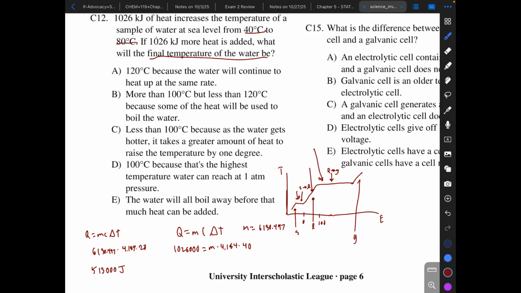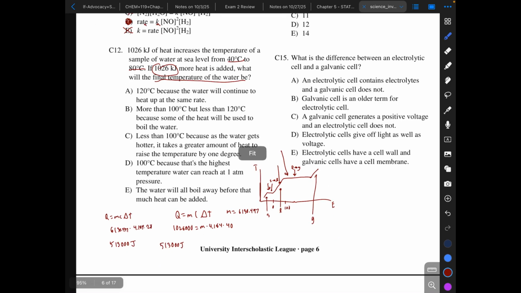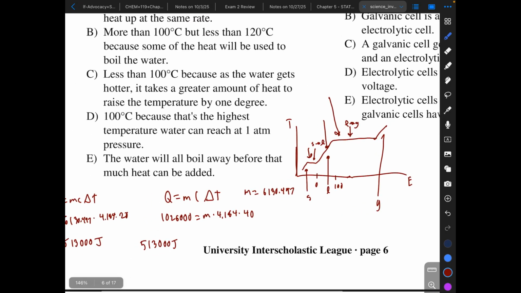So we have 1,026 kilojoules. Just subtracting them, okay, so that's exactly half the energy needed to get from 80 to 100. So you would have this many joules remaining. Now we want to see how much energy it takes to boil water. To do that, it's actually a little easier.